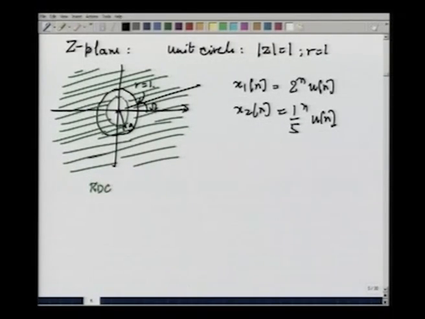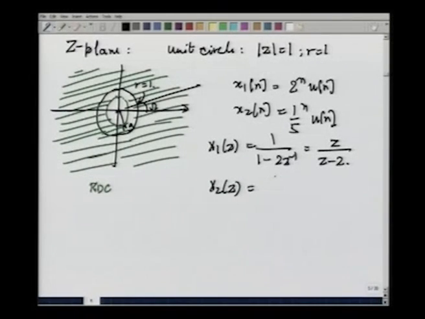Then clearly we have X1(z) equals 1 by 1 minus 2 z inverse, which is equal to z by z minus 2, and X2(z) equals 1 by 1 minus 0.2 z inverse equals z by z minus 0.2.